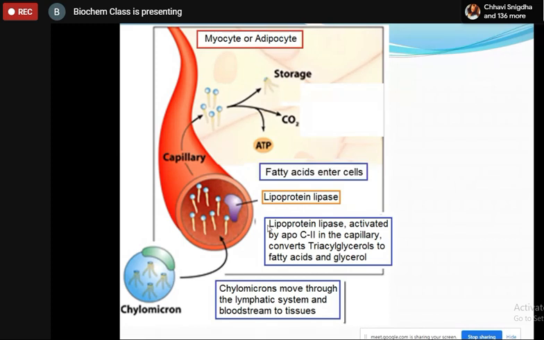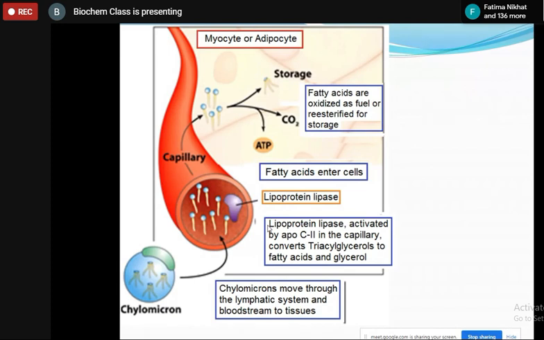The fatty acids then enter the cell. In the cell, the fatty acids are oxidized as fuel, are used up, or are re-esterified, made into triacylglycerol again and stored. So this is the metabolism of chylomicrons. Not the complete metabolism, which has already been taught in your first year.